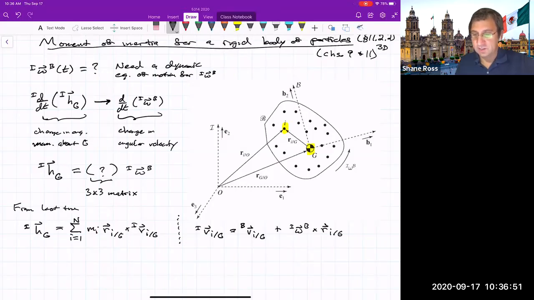Now, because i is attached to the frame because we're assuming it's a rigid body of particles, particle i is not moving with respect to the body fixed frame. So this is 0. So all we have is this part.